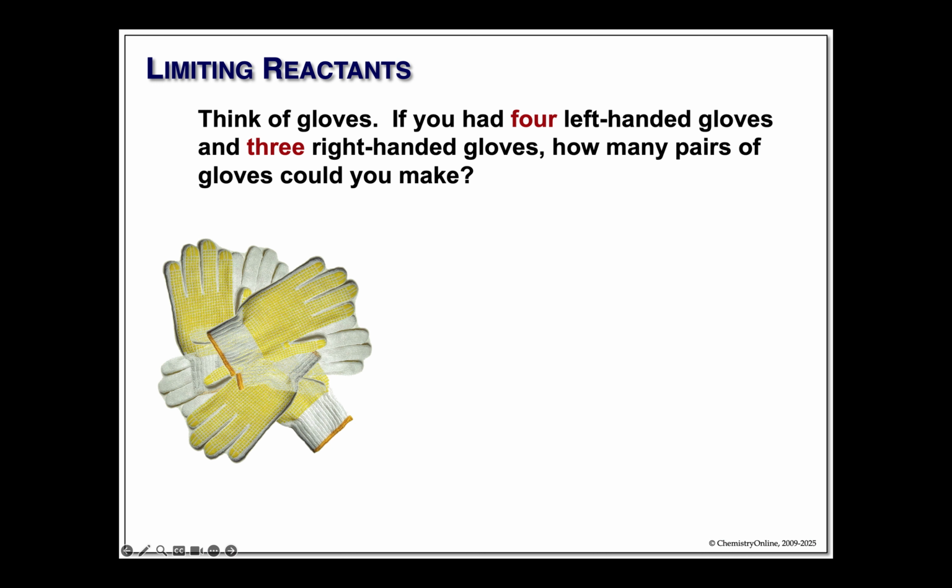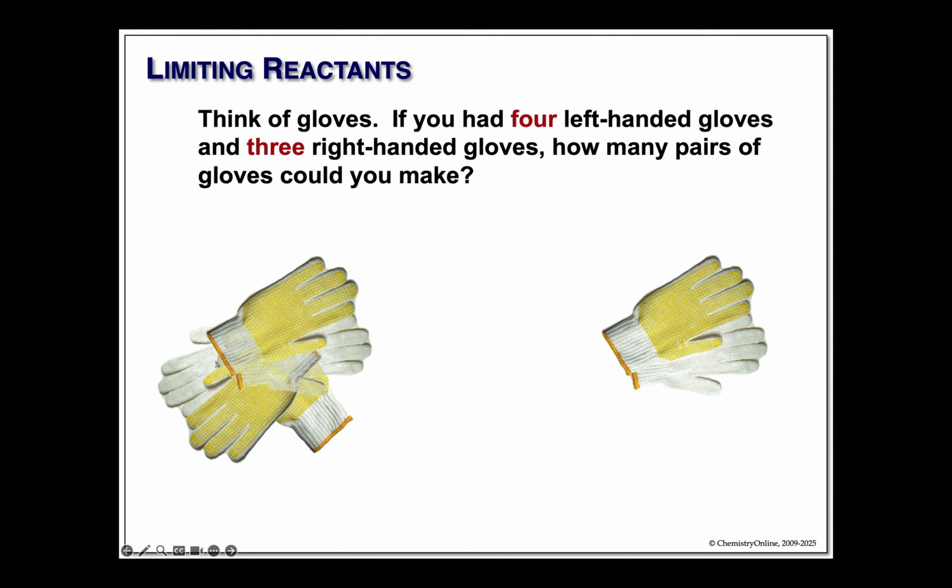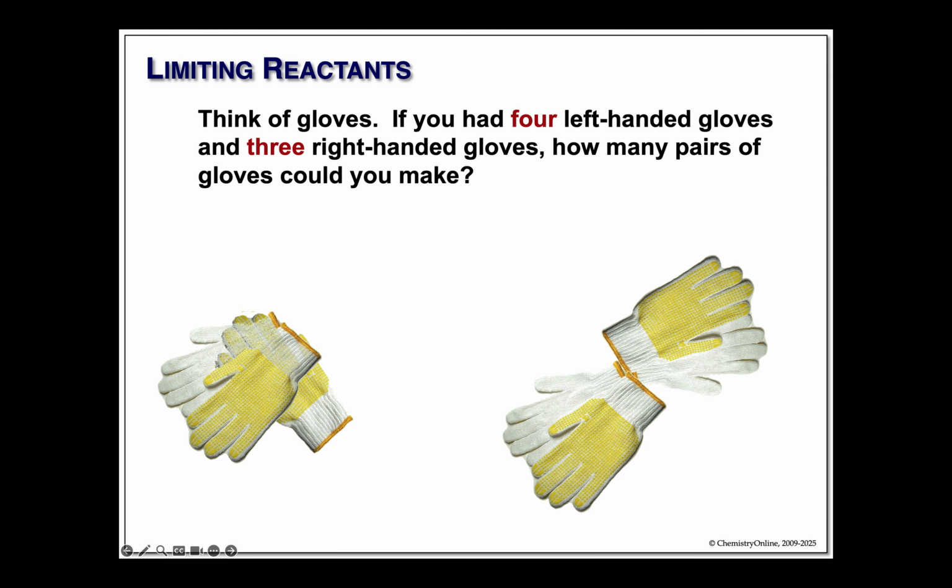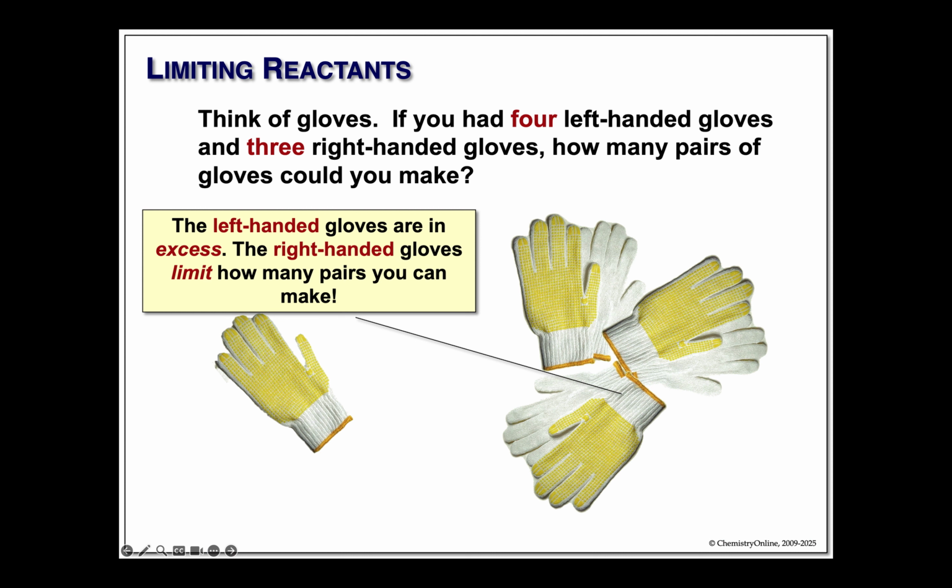Well, you take your stack, grab a left and a right, grab another left and right, and another, and we're left with a right-handed glove left over. We have 3 pairs and a leftover. That's all limiting reactants are.